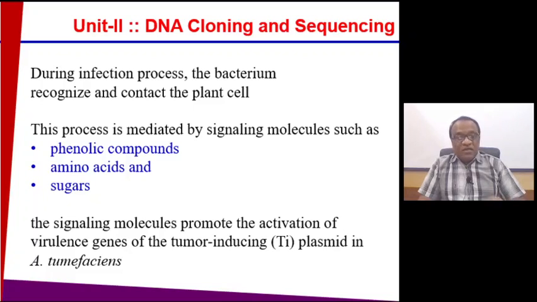Once the contact is established, the signaling molecules promote the activation of the virulence genes, the VIR genes, located in the VIR region of the tumor inducing, that is Ti plasmid in Agrobacterium tumefaciens.